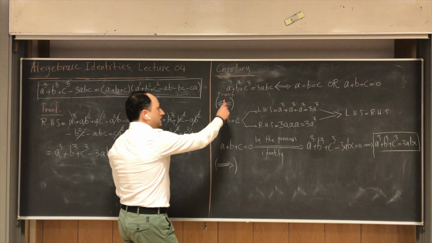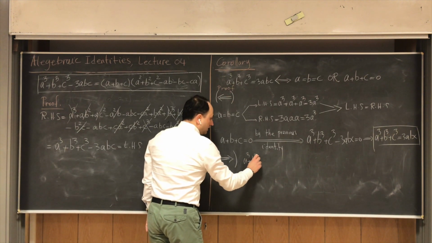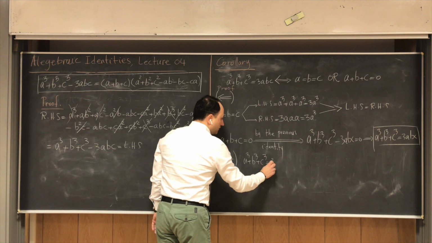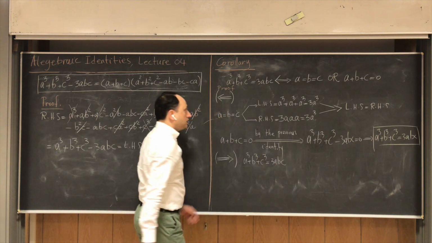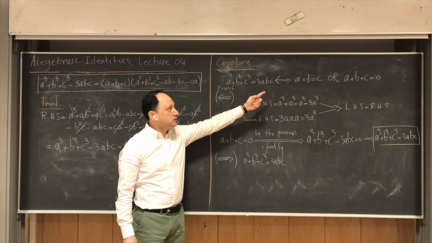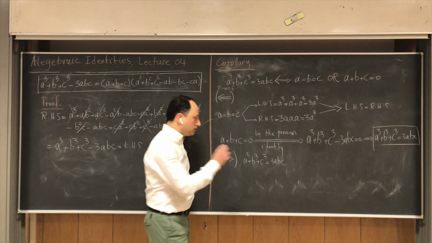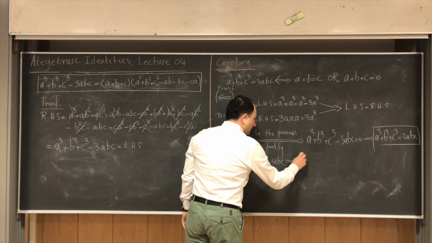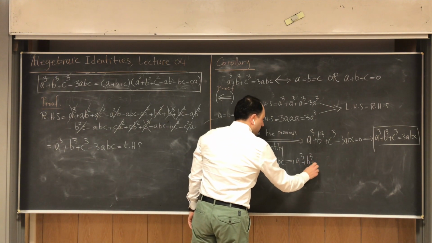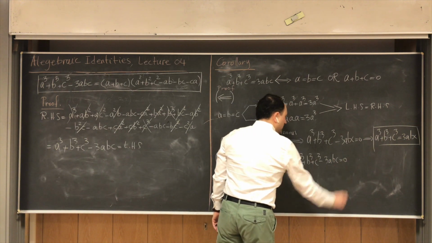So I would say that A to the 3 plus B to the 3 plus C to the 3 is equal to 3ABC, yes? This is my assumption now. I want to prove that either that first one happens or the second one. If this is equal to that, then what does it mean? It means that A to the 3 plus B to the 3 plus C to the 3 minus 3ABC is equal to 0. Agree?